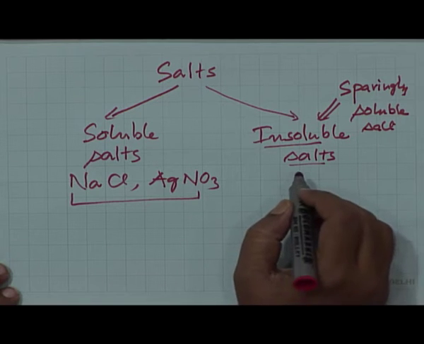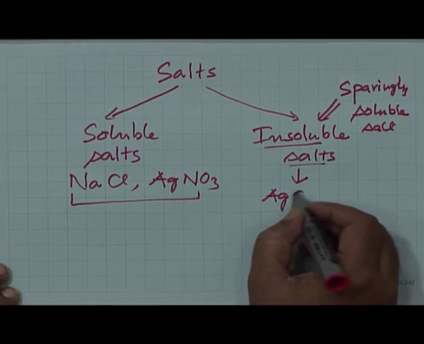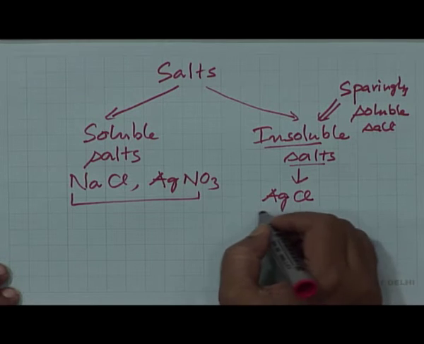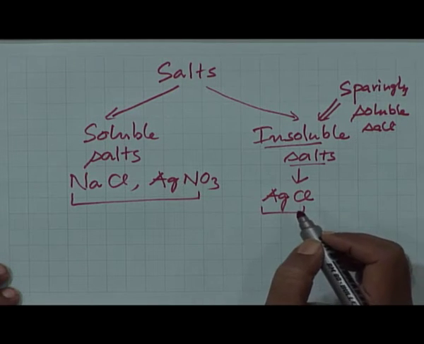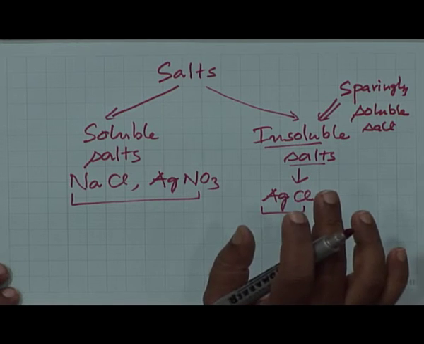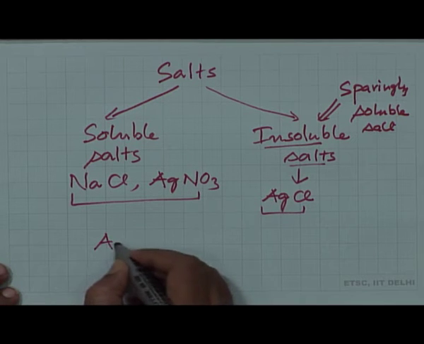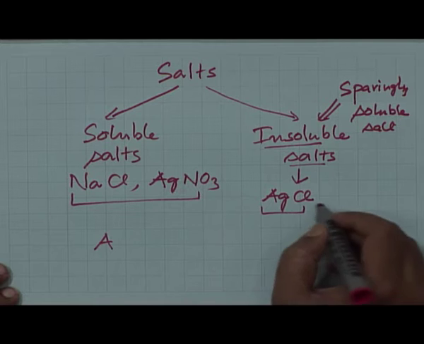So, these salts, for example, AgCl, this salt does not go completely into solution. So, generally they are weak electrolytes.